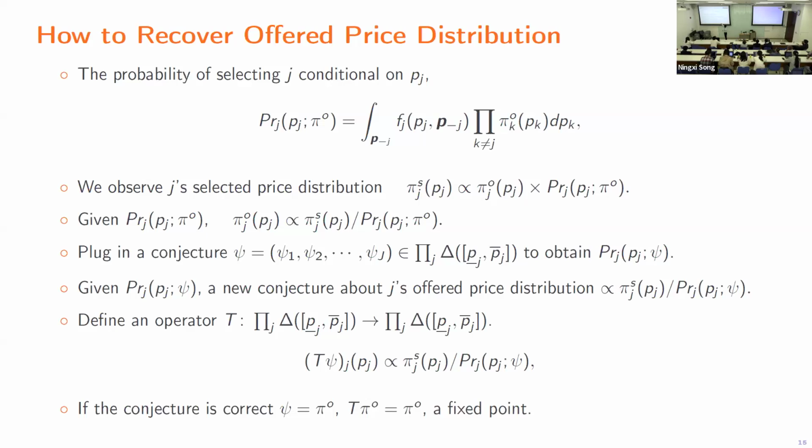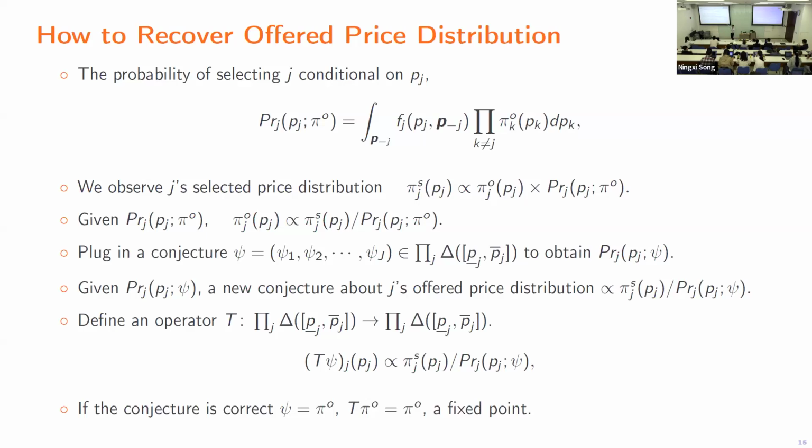This F is a selection function which takes in a realized price vector and spits out the probability of selecting alternative J. Once I integrate against all the randomness in the competing offers, using the competing offers' density product measure, I get the probability of selecting alternative J conditional only on J's price. Now we can derive the selected price distribution, which is proportional to the offer price density function multiplied by this PR function.